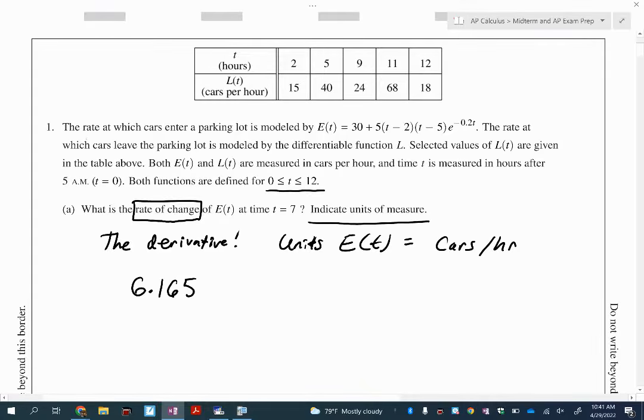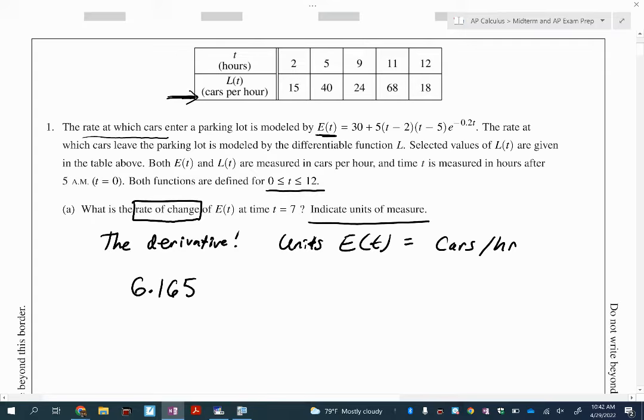They're telling you the rate at which the cars enter is E of t. So it's not number of cars, because it would say the number of cars that enter is modeled by this, but the fact that it says the rate is why it's cars per hour. And L of t is also in cars per hour. That's what this is showing you.